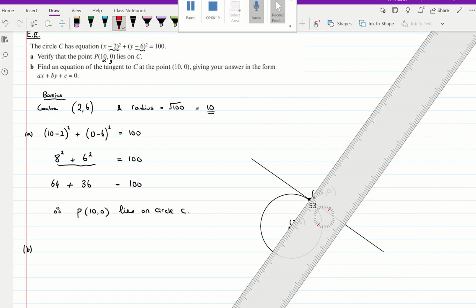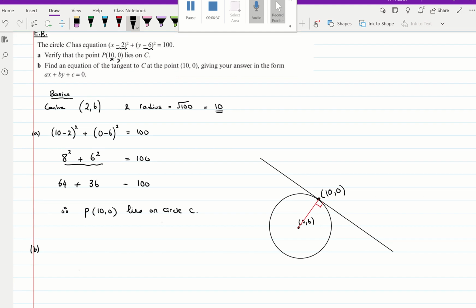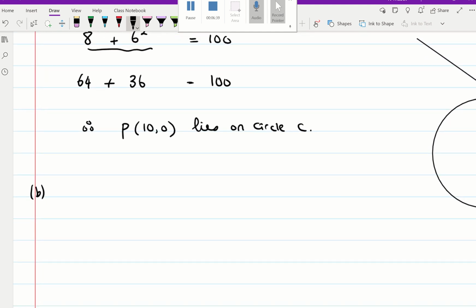And I know that the radius and the tangent meet at 90 degrees, which basically means that those two lines are perpendicular. So if I find the gradient of the radius, I know what the gradient of the tangent is because it's perpendicular to the radius. So the first thing I'm going to do is find the gradient of the radius.